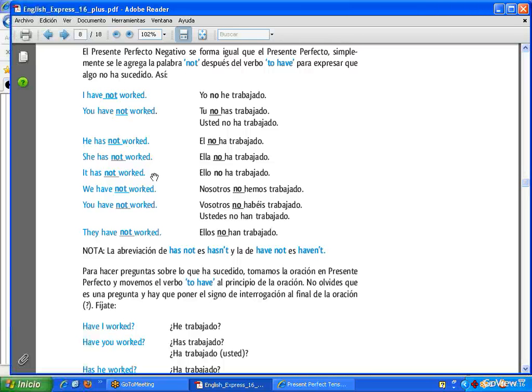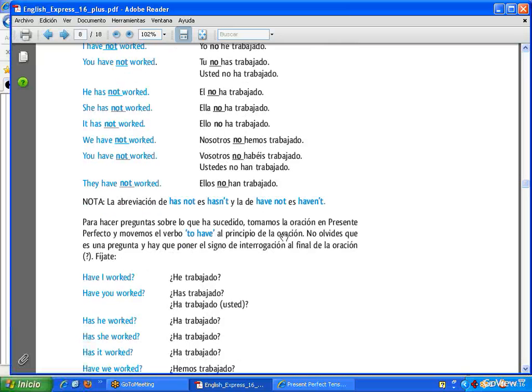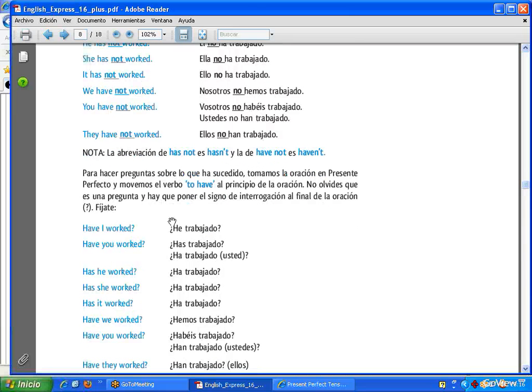Okay, we're going to look at some of these exercises now. Here are your abbreviations, your contractions. Has not, hasn't. Have not, haven't. And to make questions about what has happened, we take the sentence in the present perfect and move the verb to have to the start of the sentence.